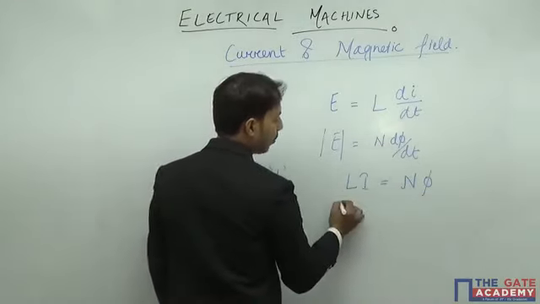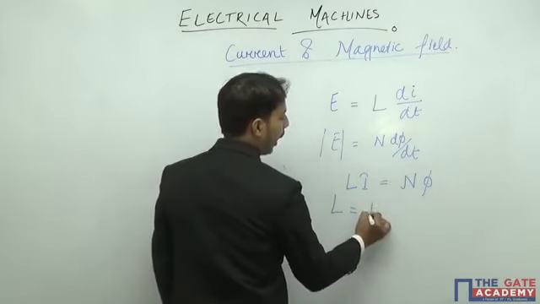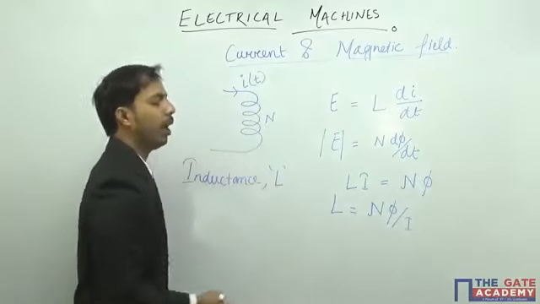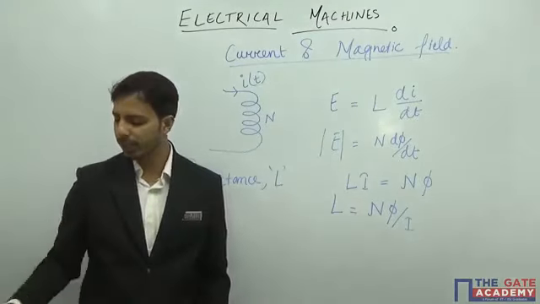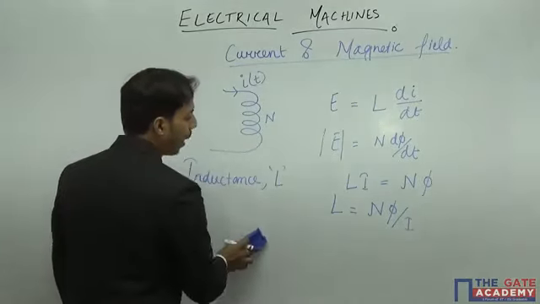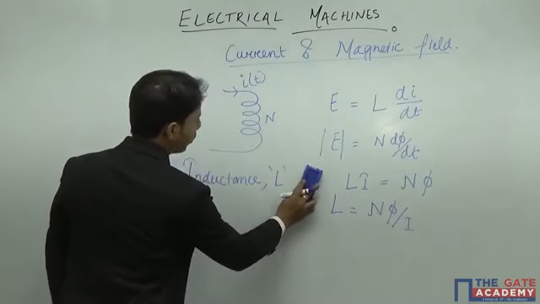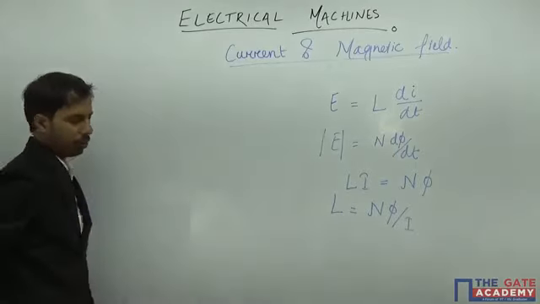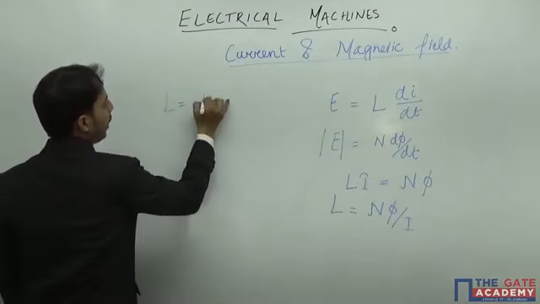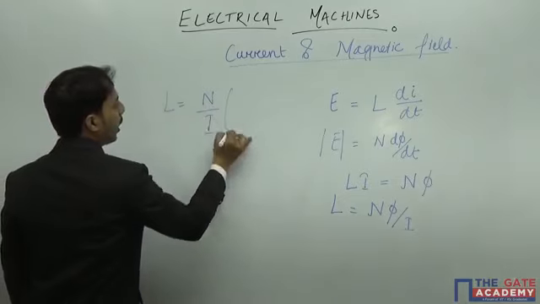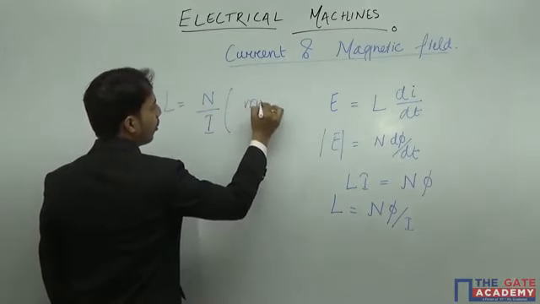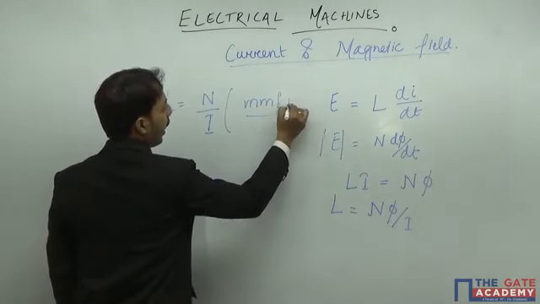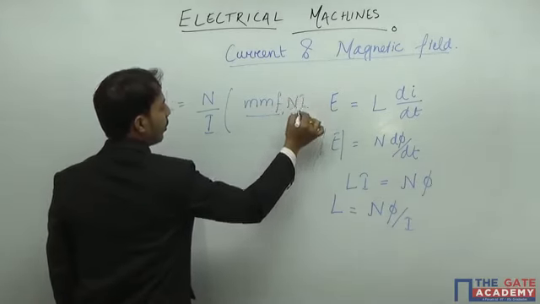After that I can say L is equal to N into phi by I. And what is phi? Phi is nothing but mmf by reluctance. So L is equal to N by I into phi, and mmf is nothing but N into I again.